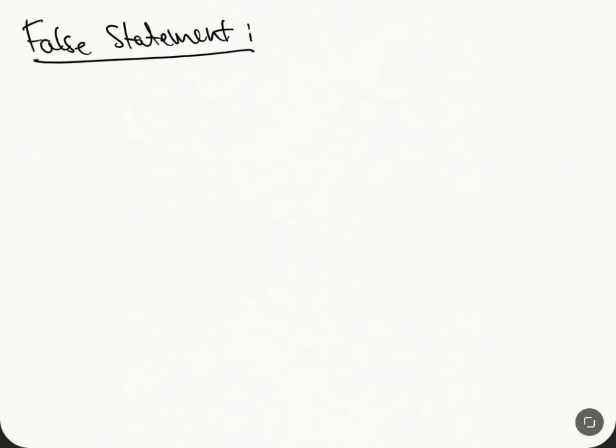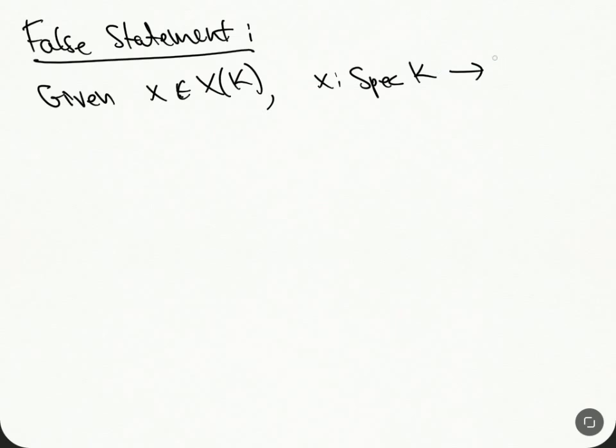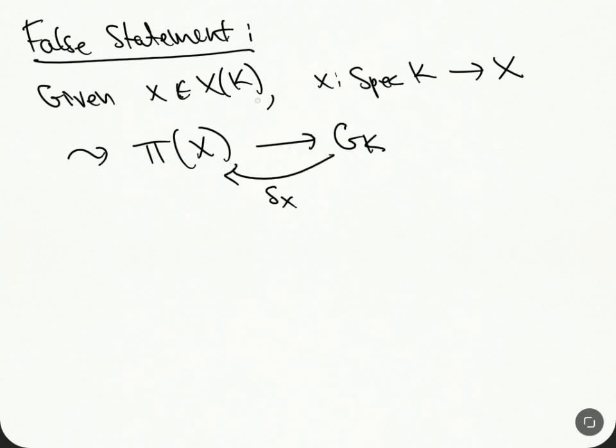Given another point x in X of K, this is a map from spec K to X. Normally we have pi 1 of X going down to G_K, and it induces this section s_x, which is the structure map here.